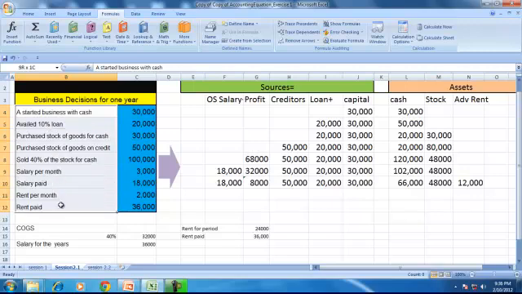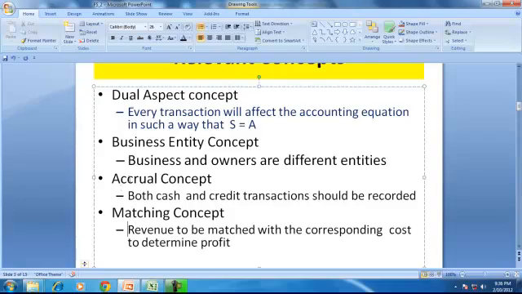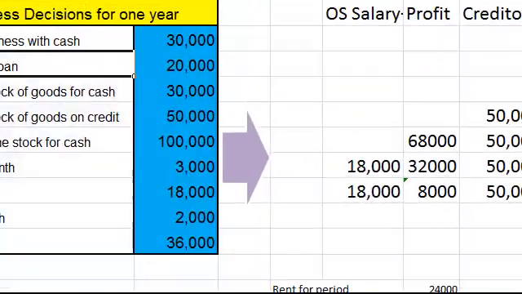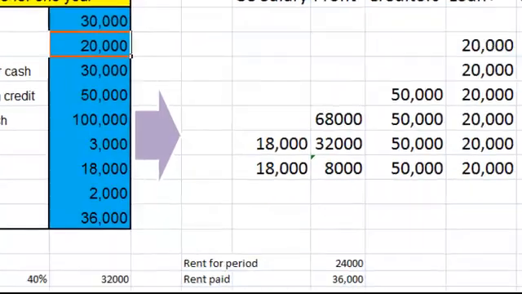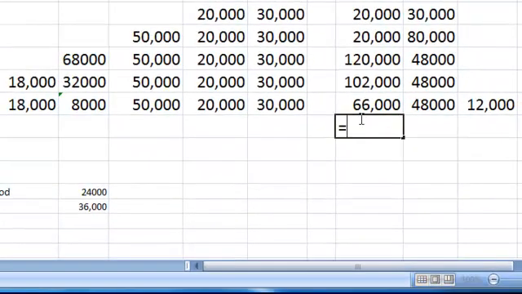You can see that no other transactions are given, but because of the accrual concept and the matching concept, it is necessary to show the interest for the period. And let us assume that interest has been paid. So interest for the period is 66,000 minus 2,000.